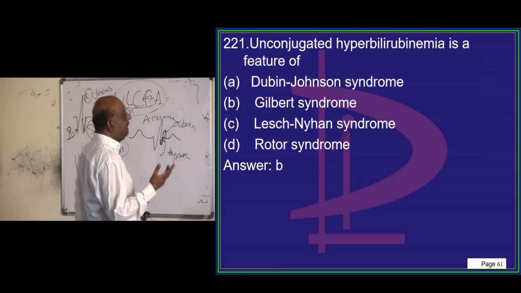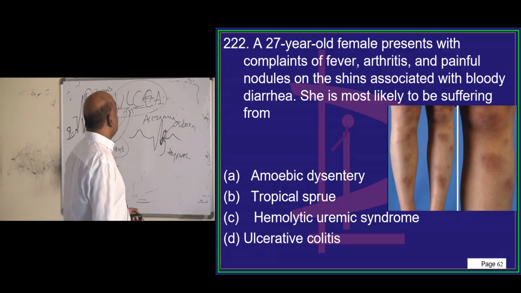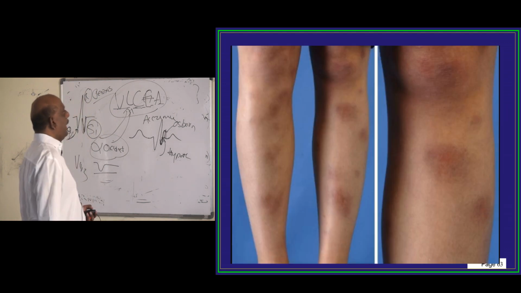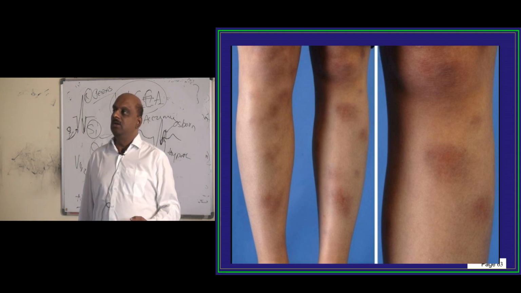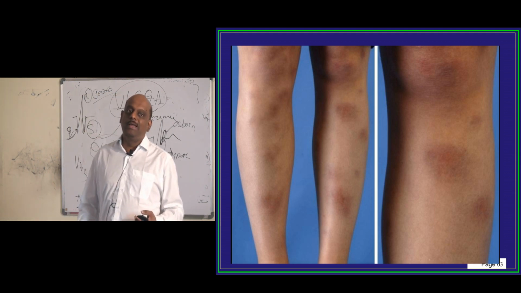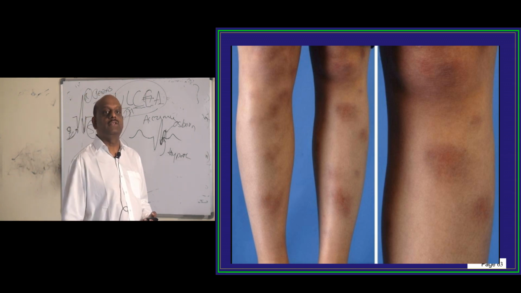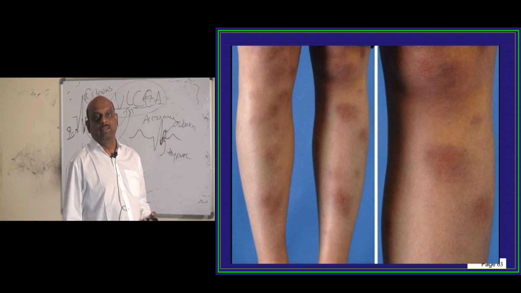Unconjugated hyperbilirubinemia is a feature of Gilbert syndrome. Then a 27-year-old male has fever, arthritis, and the painful nodules which are shown here. What are these painful nodules called? Erythema nodosum. Erythema nodosum is also called panniculitis, is what you need to remember.